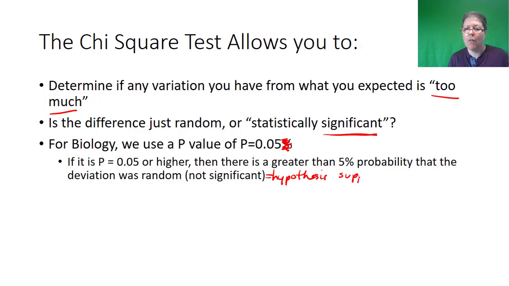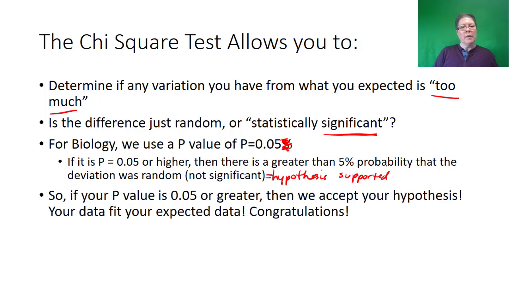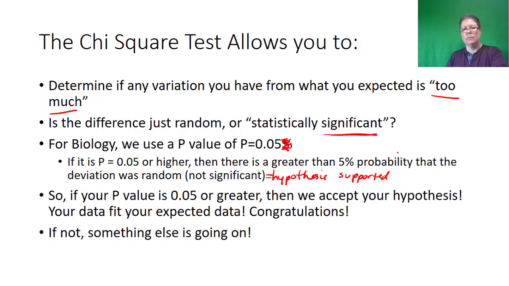I like that better. I know that sounds kind of lame. You're like, there's a greater than 5% probability that the deviation was random. So you're 5% sure that your hypothesis is supported, and that's good enough for biology. If your p-value is 0.05 or greater, we accept your hypothesis, it's supported, your data fit your expected data, congratulations, you can move forward.